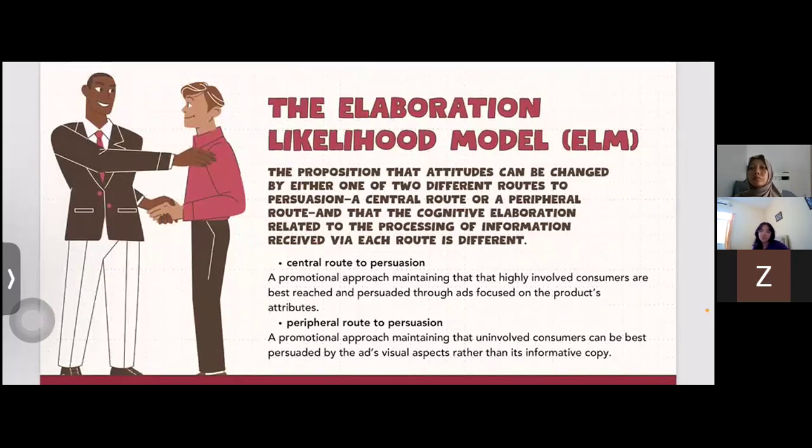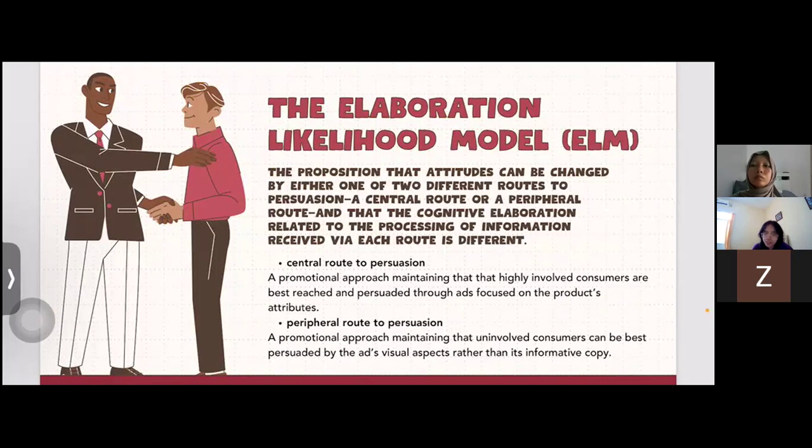Okay, so the next one is the elaboration likelihood model, or ELM. The proposition is that attitudes can be changed by one of two different routes to persuasion, a central route or a peripheral route, and that the cognitive elaboration related to the processing of information received via each route is different.